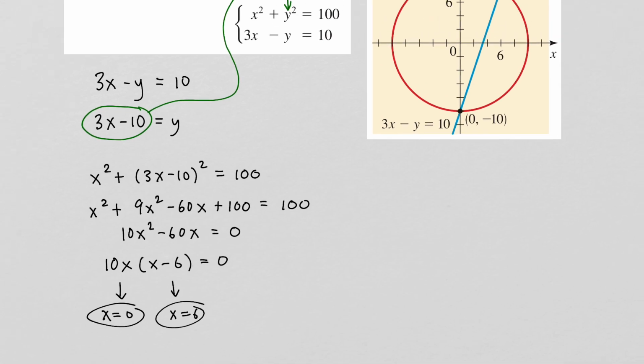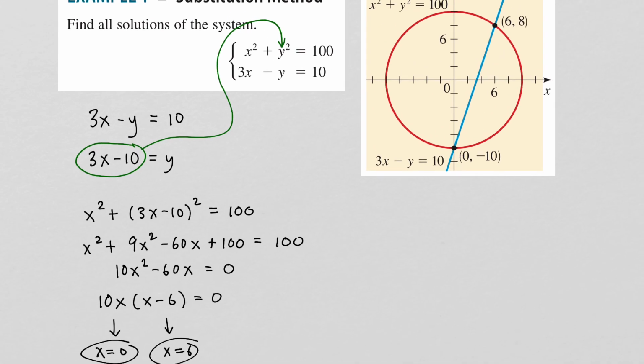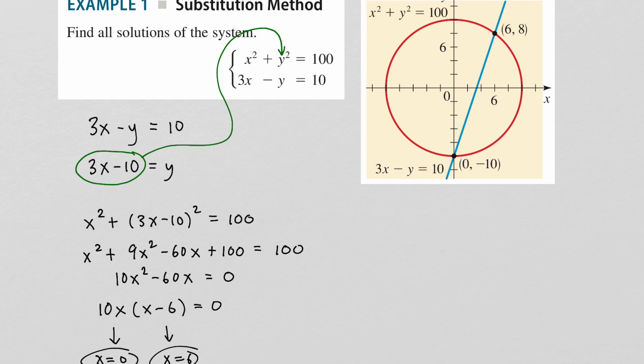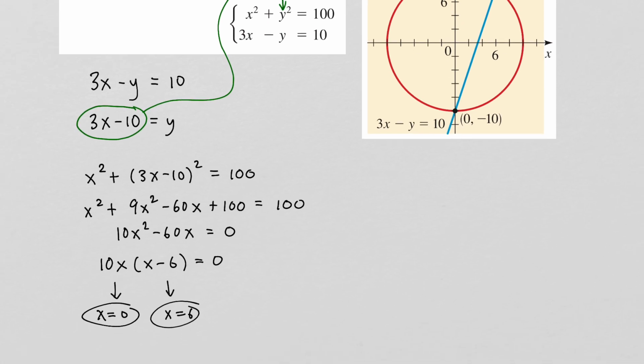But again, solutions are not single values. Solutions are points because we are finding the points of intersection. So once I have x equals 0, I'm going to plug it into the expression I substituted. y is going to be 3 times 0 minus 10, which is negative 10.